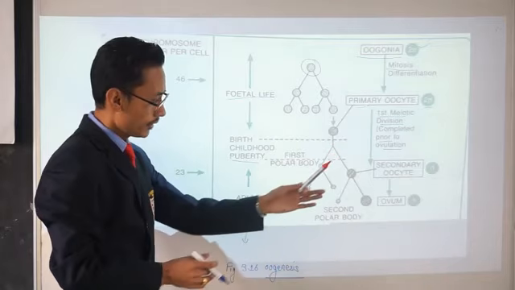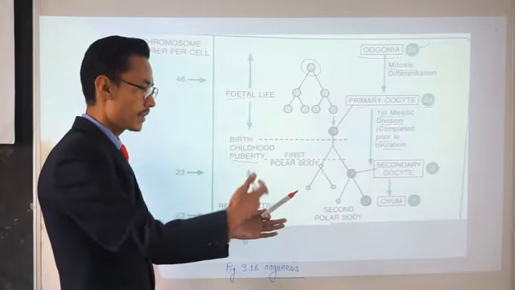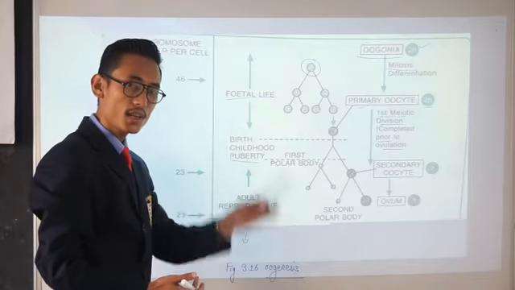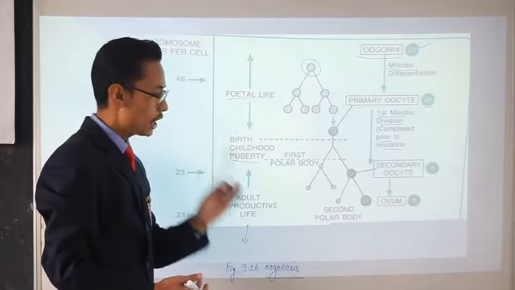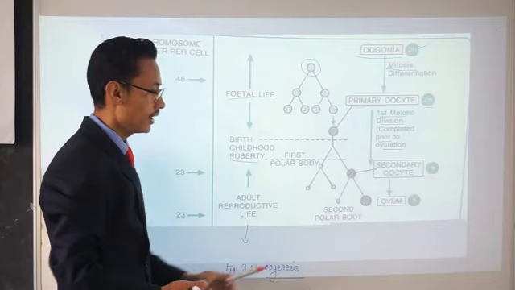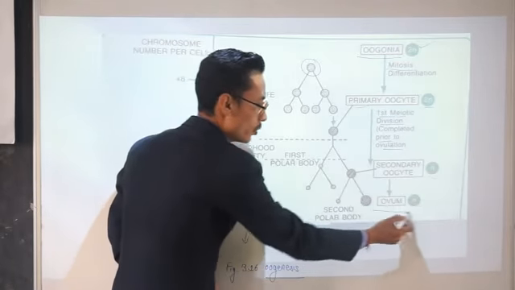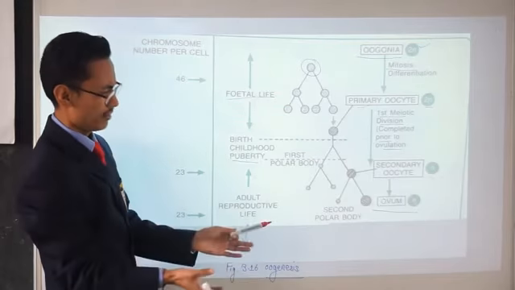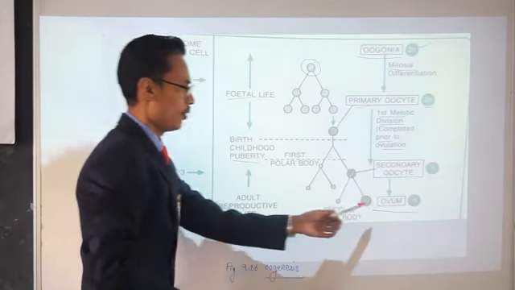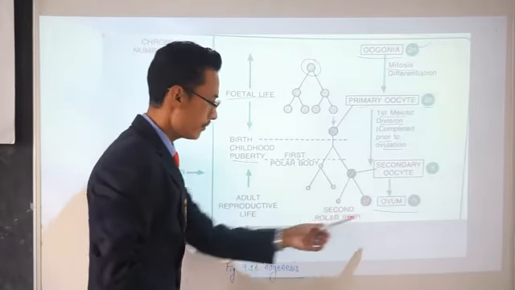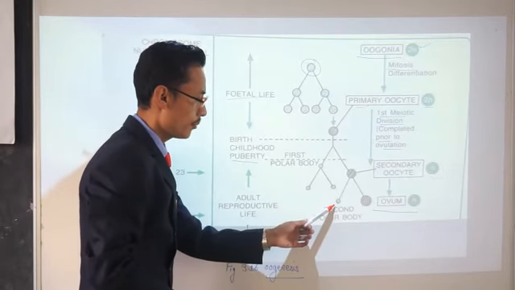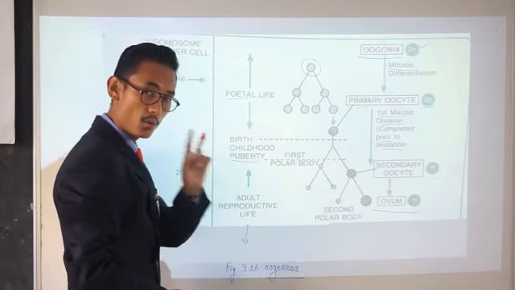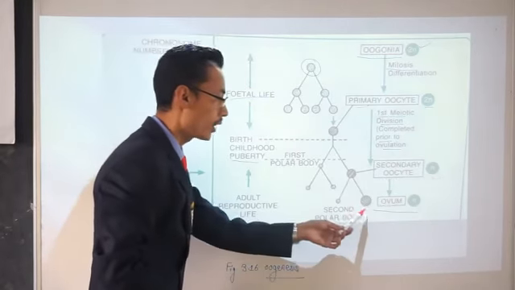So after the sperm enters the secondary oocyte, it will complete its second meiotic division, which will be equational division, resulting in the formation of a haploid ovum and the second polar body. So the end products of oogenesis will be 1 haploid ovum and 3 tiny polar bodies. Remember, from 1 primary oocyte there will be formation of only 1 ovum.